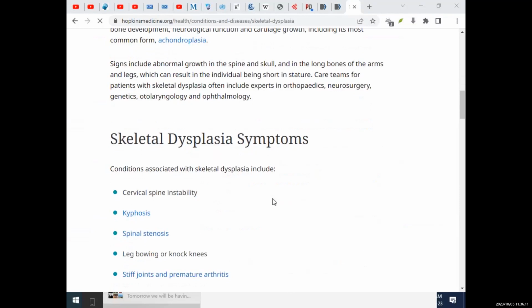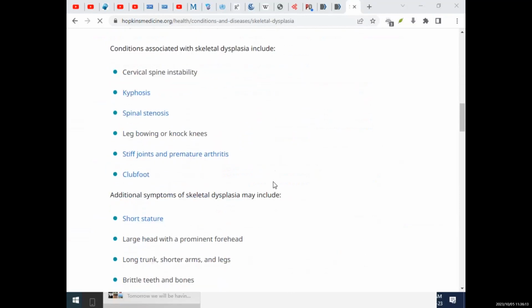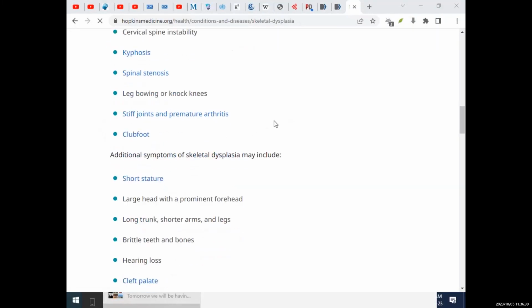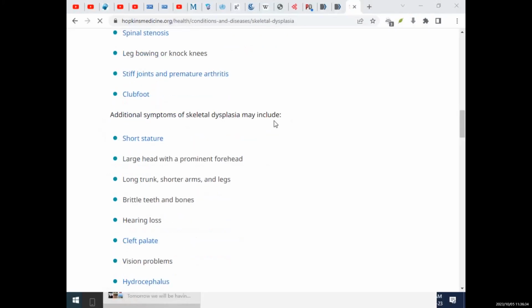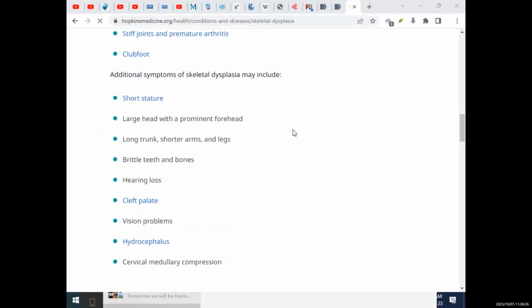What are the symptoms that we can have when somebody has skeletal dysplasia? Cervical spine instability, kyphosis as the pattern of the spine, spinal stenosis, clubfoot, stiff joints. All right.